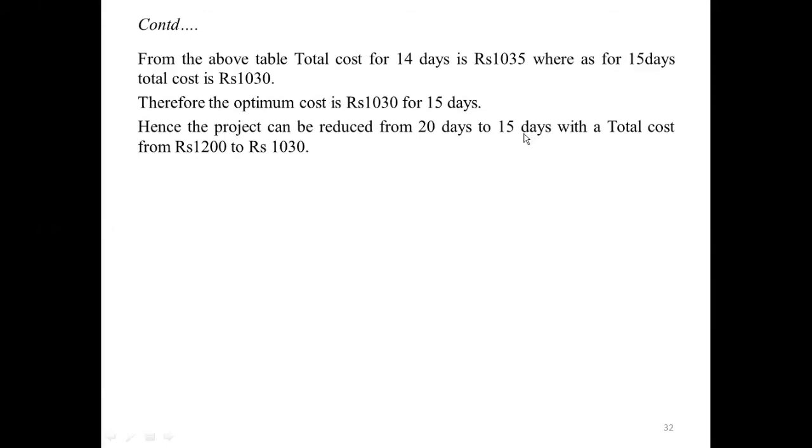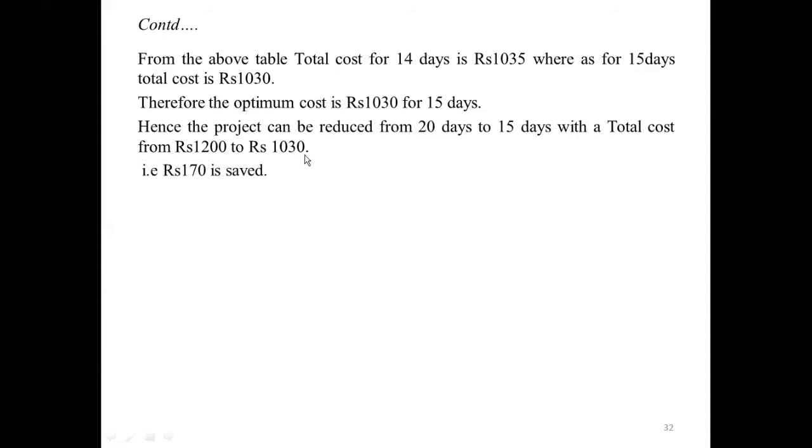In the questions given, you need to find the normal project length. Normal project length is 20 days. To carry out the project for 20 days, you need to pay rupees 1200. If you complete the project in 15 days by crashing those activities, we have to pay only 1030.